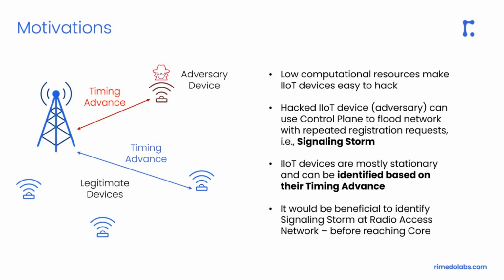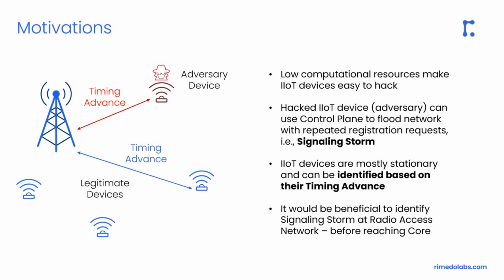On the other hand, during registration, IIoT devices report to the gNodeB their timing advance, which is the time offset related to the signal propagation between the gNodeB and IIoT devices. Because IIoT devices are in most cases stationary, the timing advance is constant for them and proportional to the distance from the gNodeB.